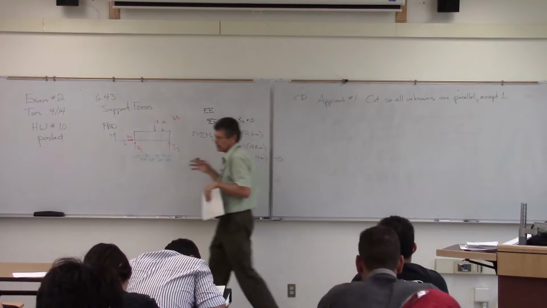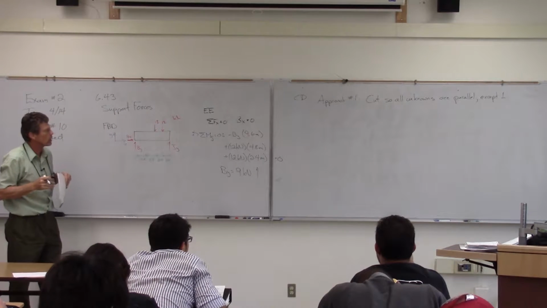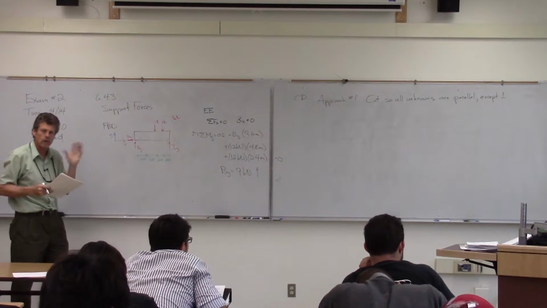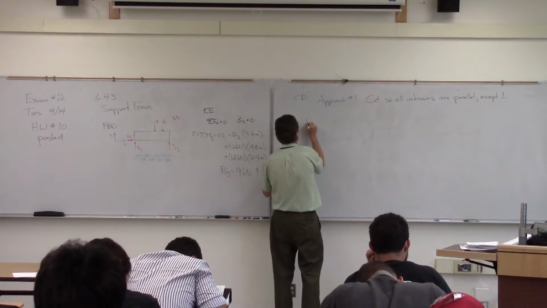consider making a cut. This works for straight members, straight problems like this, where all the unknowns are parallel except for one. That'll make sense when I draw the free body diagram.